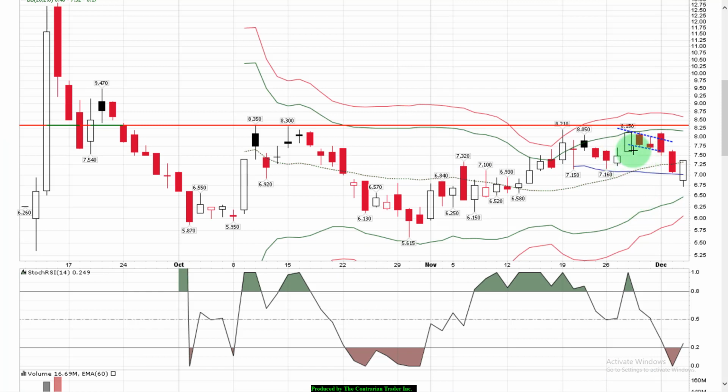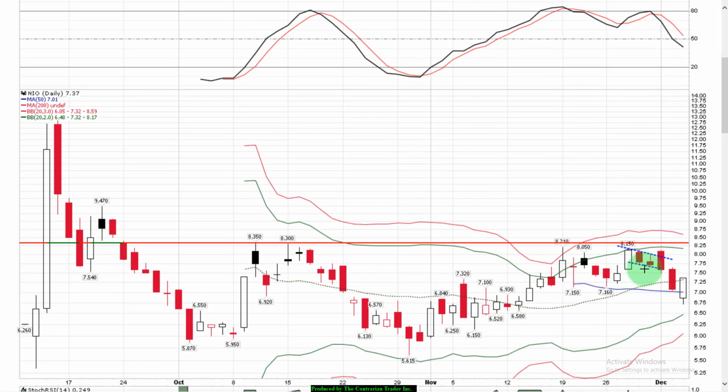NIO. I warned about this trade the other day when we were threatening to take out the lower band of support on this bullish reversal bar. The following day, I mentioned that we had broken down below the lower band of support. We got a continuation breakdown. Then yesterday, we flashed a bullish key reversal.